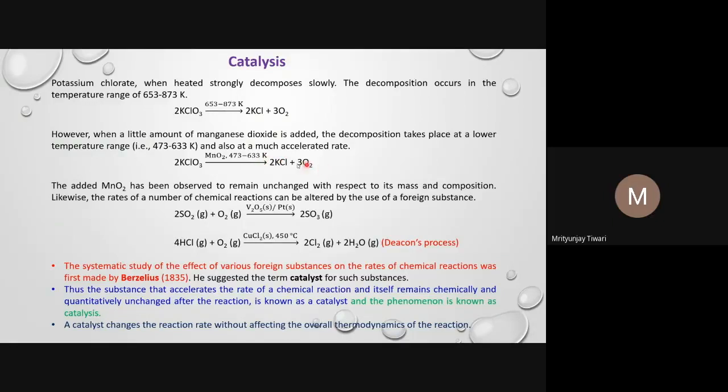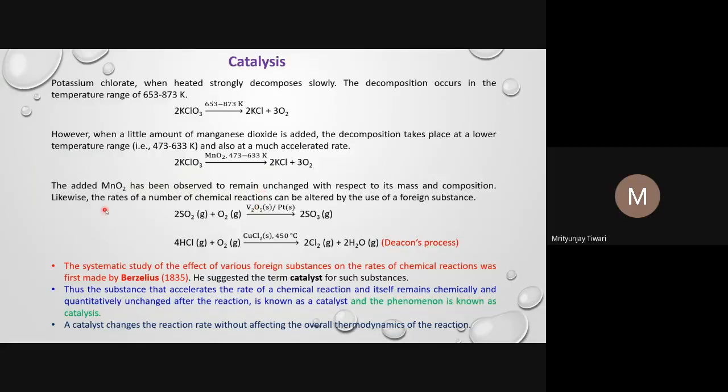This foreign substance, manganese dioxide, enhances the rate of the decomposition of KClO3. And what has also been observed is that the added MnO2, its amount, shape and mass, do not change after the reaction.